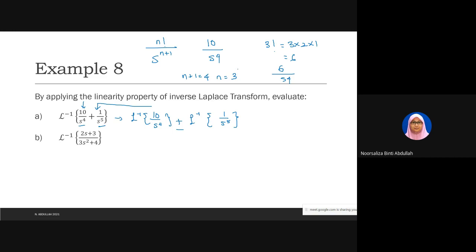But now you have a 10. So you have to make it 10 over 6. You have to times this one with 10 over 6. Right, betul tak?